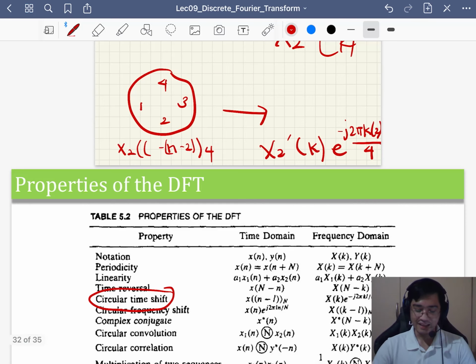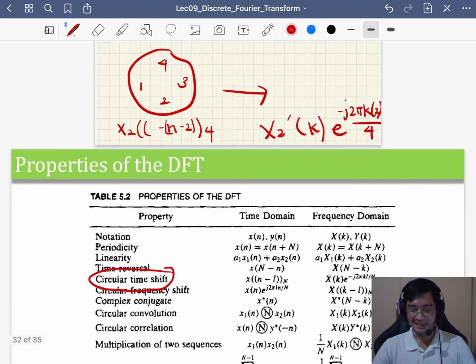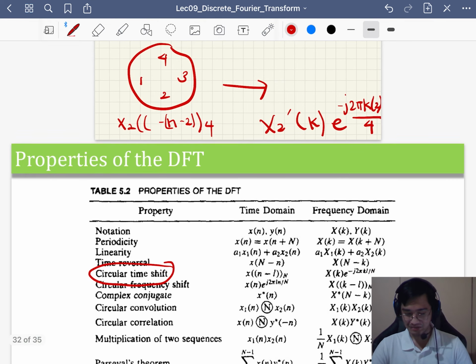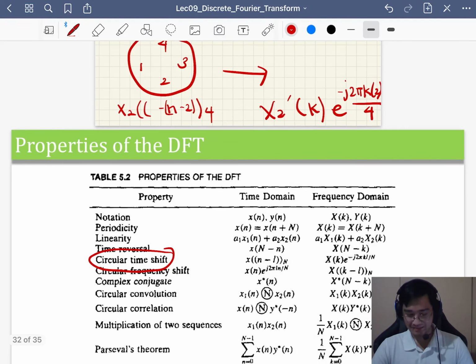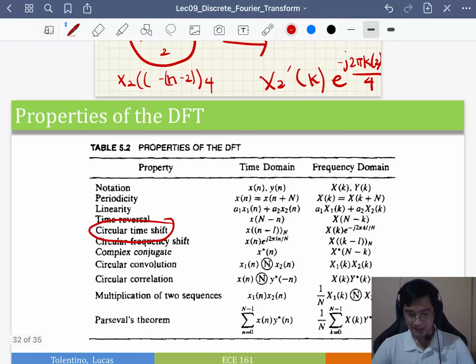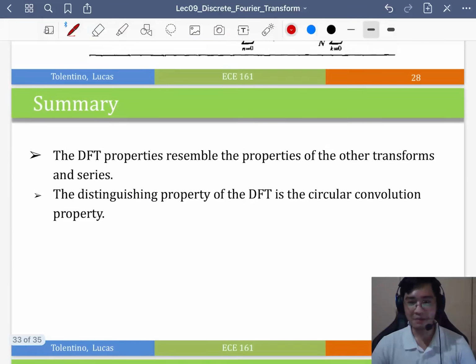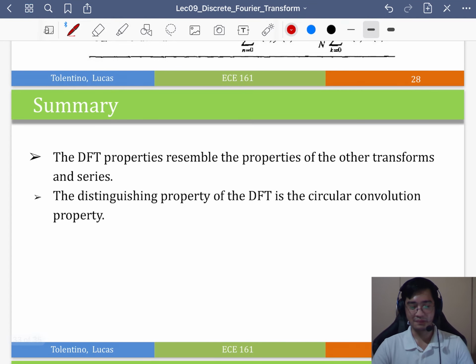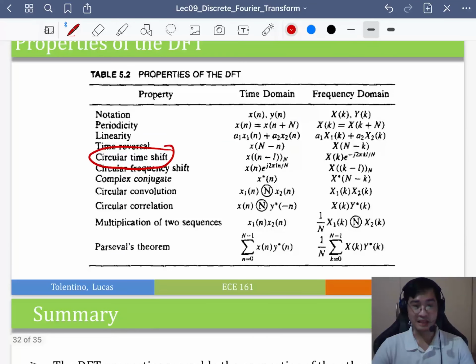And the rest follow the same manner: circular frequency shift, complex conjugate. So let's summarize. The properties of the discrete Fourier transform resemble the properties of our other transforms, like Laplace and Fourier. They follow the same properties: time reversal, circular time shift, multiplication by the exponential, linearity.